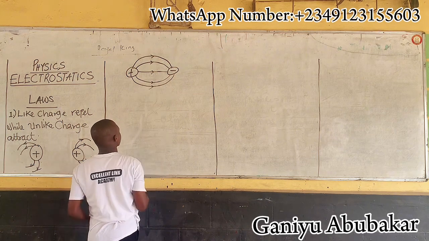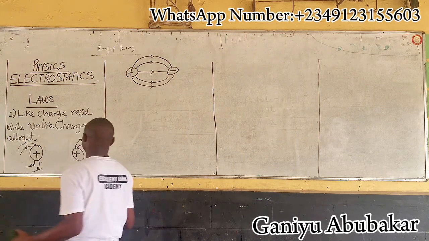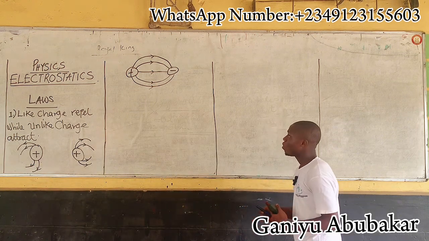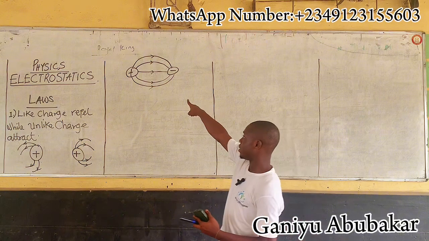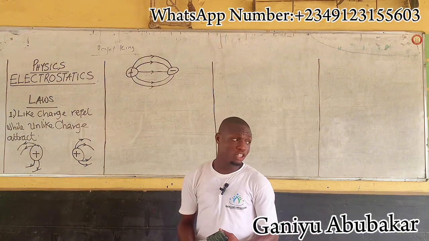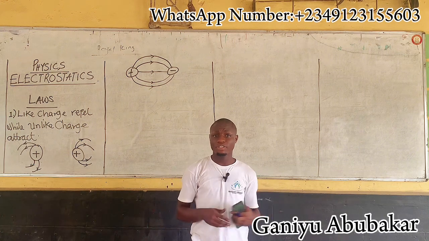So this is your concept behind the first law that says that like charges repel while unlike charges attract. In this case, unlike charges attract. That's the first law behind electrostatics.